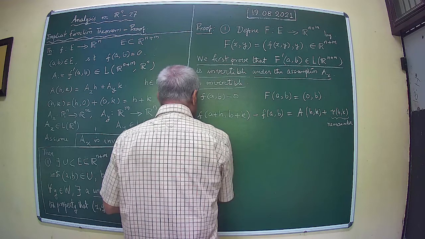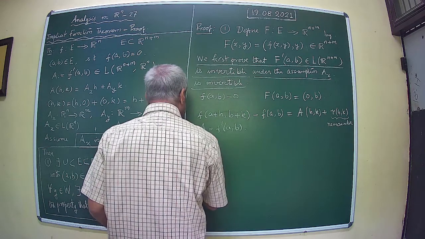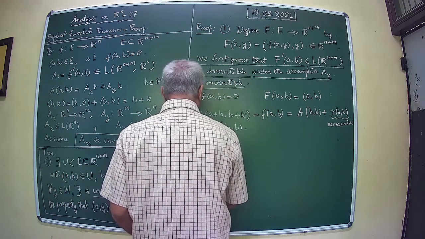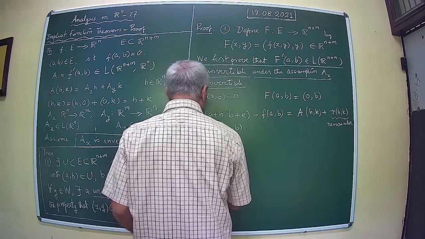Now let us compute now the derivative of capital F. So we keep this in mind and we write down f derivative of AB. Let us compute this.